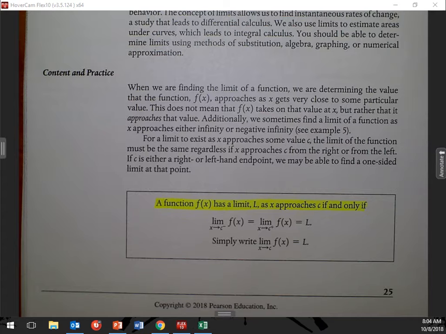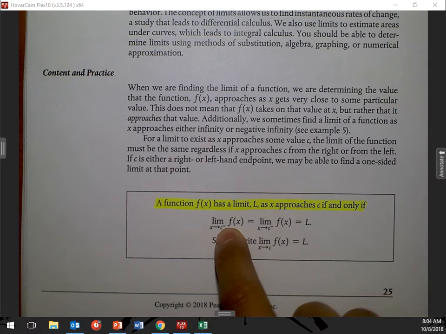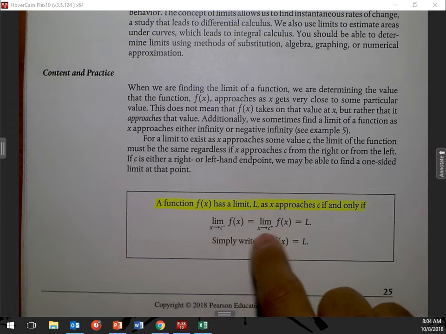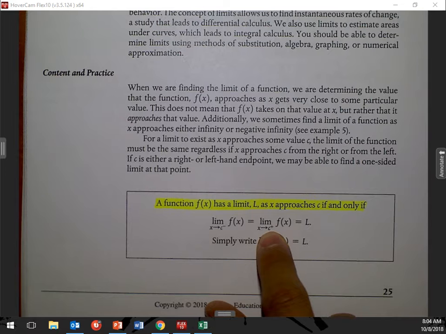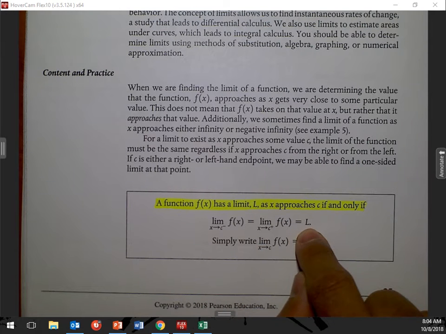What it's saying is, for the limit to exist, the function as it approaches c from the left-hand side has to be equal to the function as x approaches c from the right-hand side. They both have to be equal to have the limit, which is capital L.